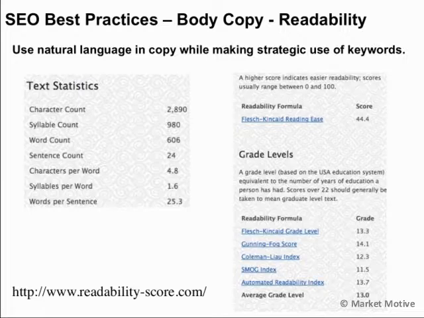If you're selling something to a very educated audience, you want to make sure that you're using very educated language. So you can gauge that here and make sure that you're not speaking over or under your audience, and that you're using natural language and just making strategic use of those keywords. Certainly don't be stuffing those keywords in there. You want to have those keywords in mind, and then you want to write your copy around that synonymous language.